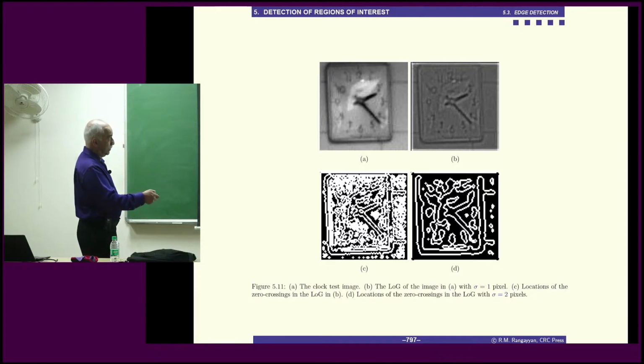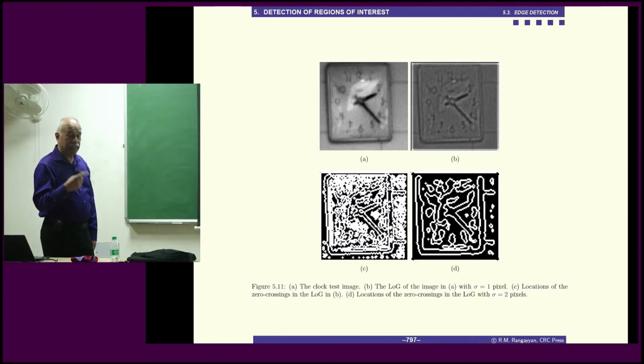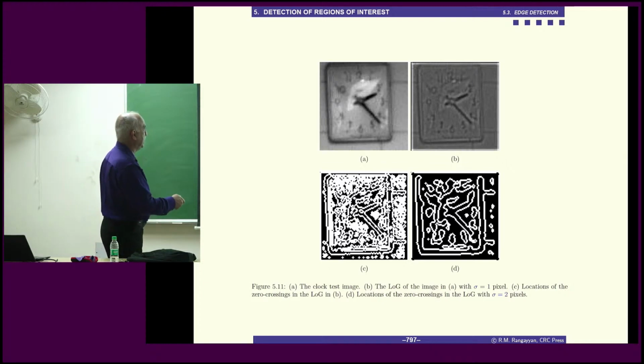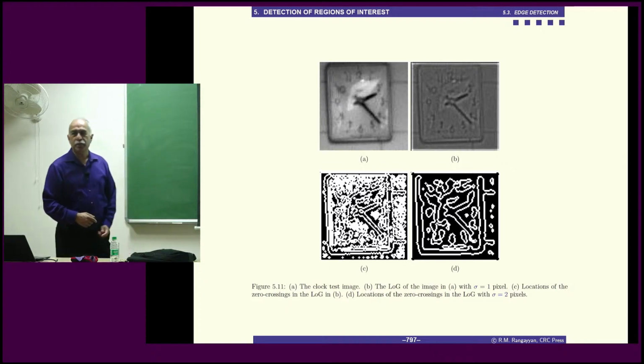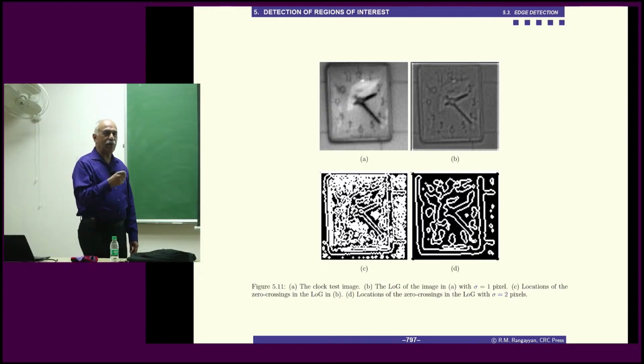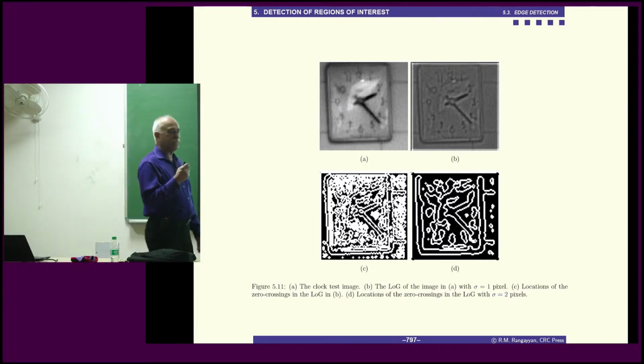But if I look for sign changes and mark all pixels where there is a change of sign with sigma equal to 1, I get this, which is very noisy. If you detect all zero crossings in the Laplacian of Gaussian without smoothing, noise will cause a lot of false detections of what could be edges or not.